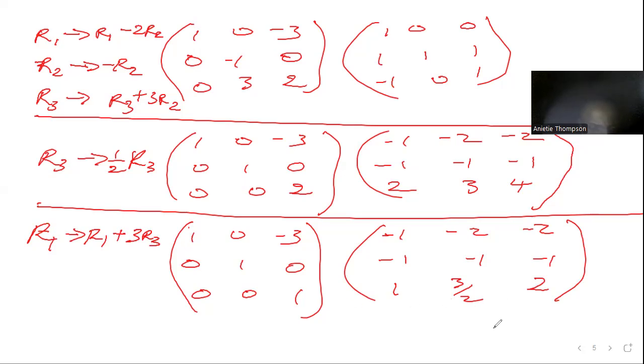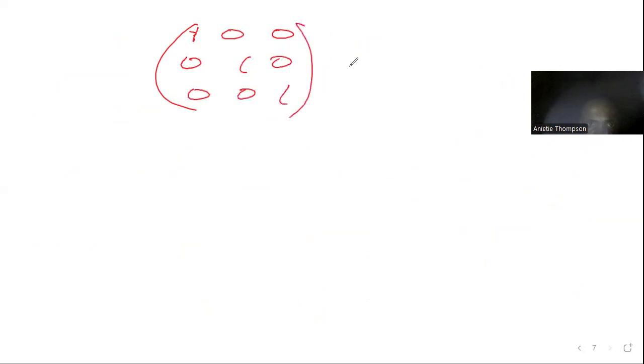If you do that, you multiply 3 by row 3 and add it to row 1, everything will change to what you will have right now. So you will have the main matrix become 1, 0, 0, 0, 1, 0, 0, 0, 1. And then the other side matrix will become 2, minus 1, minus 1.